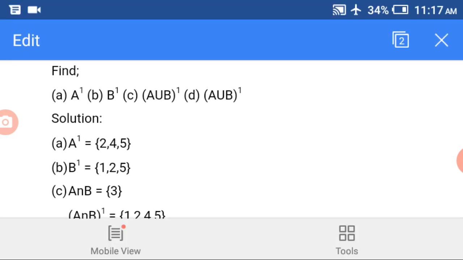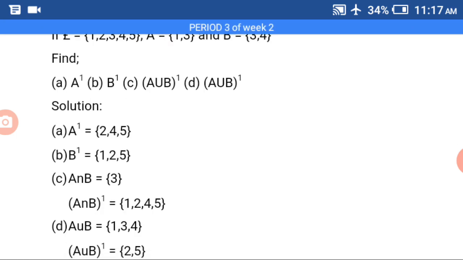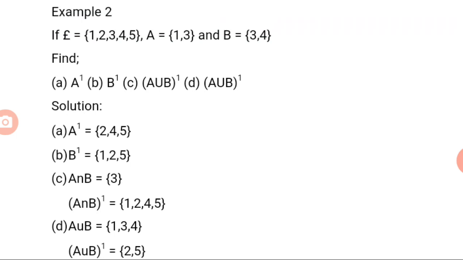Now, let us look at the third one. A intersection B complement.